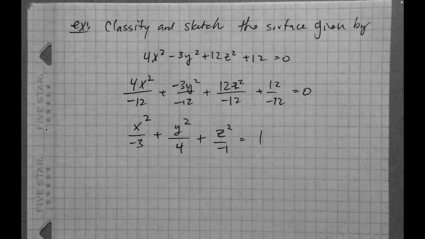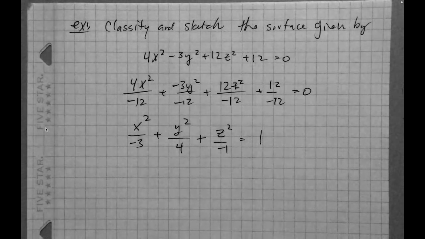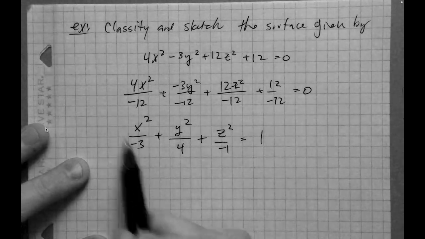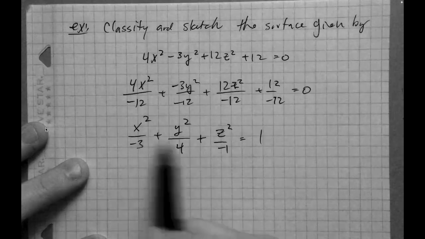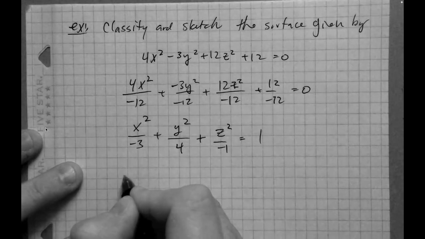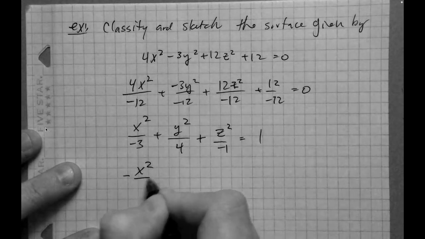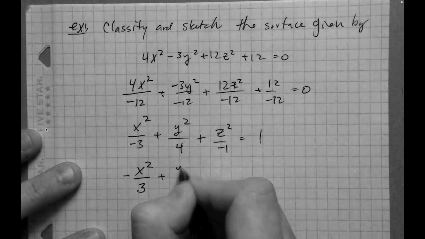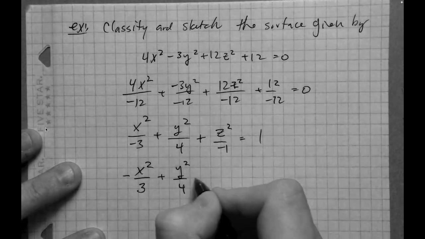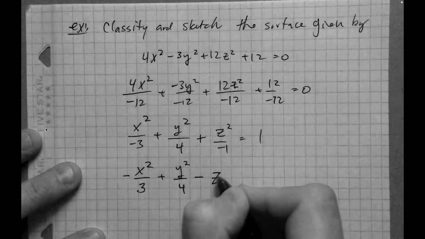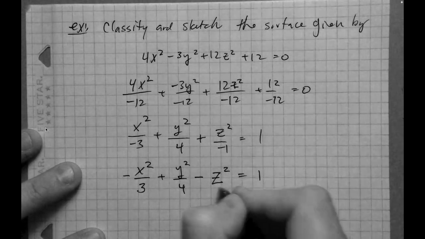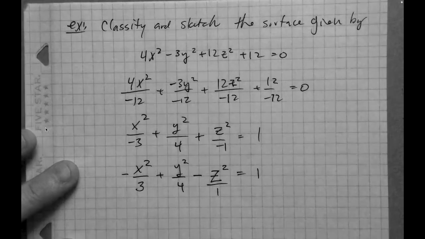And so a big part of determining what sort of shape we're dealing with has to do with these signs. So let's move the signs up and put them in the appropriate spot here. So this would be negative x squared over 3 plus y squared over 4 minus z squared over 1 equals 1.